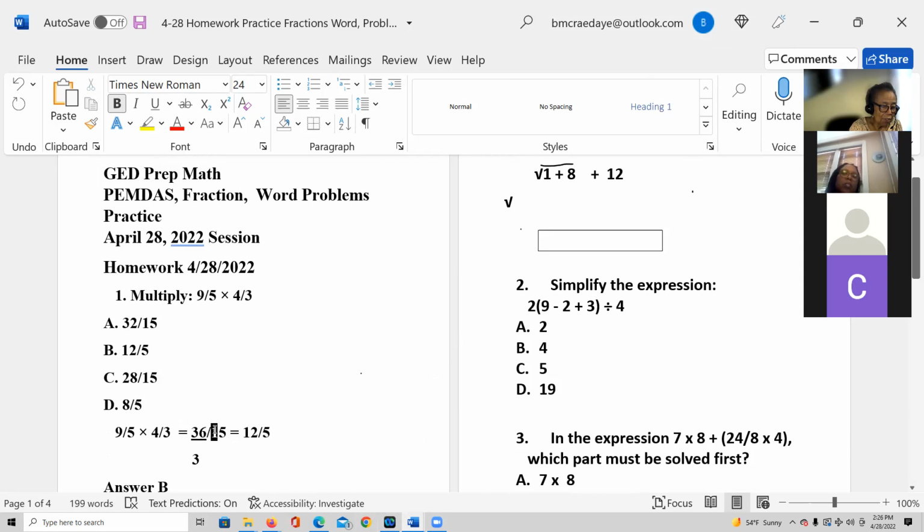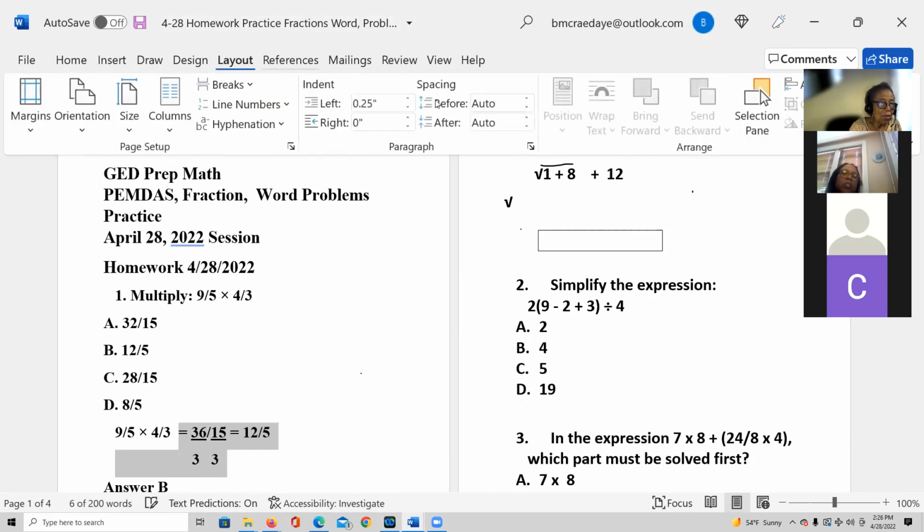So then you take the 15 and divide that by 3. And that's how you get the 12 over 5. Got it, Maureen? Yeah. Okay. So that would be your answer. Let me just bring that up a little closer. Okay. So your answer is B.